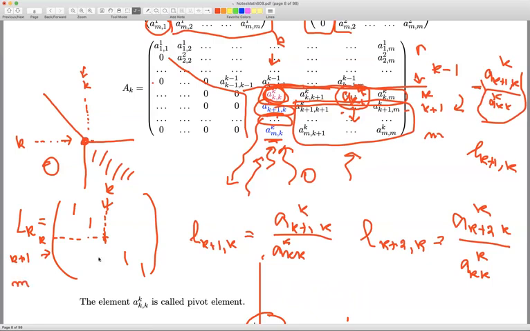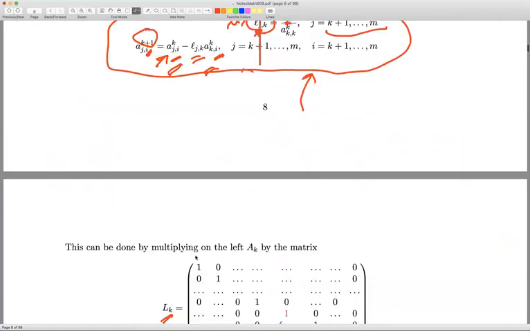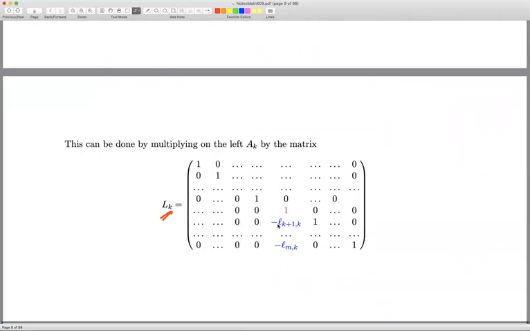We will have here row m. What do we put on row k plus 1? We put the element L k plus 1,k. Then on row k plus 2 and column k, we put L k plus 2,k, and so on. And this is exactly what is written here with a negative sign.